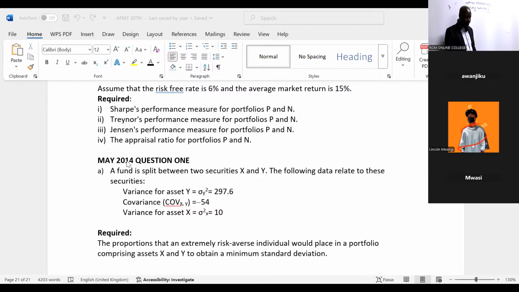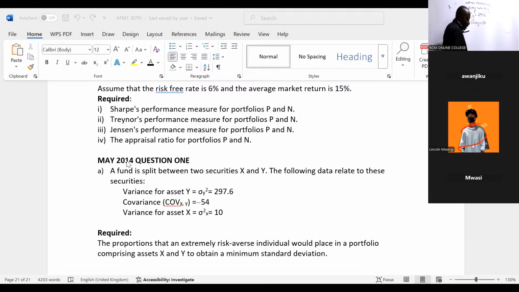If you've gotten that question, I would want us first of all to read it. A fund is split between two securities, X and Y. The following data relates to these securities. The variance for asset Y is 297.6. The covariance between X and Y is minus 54.